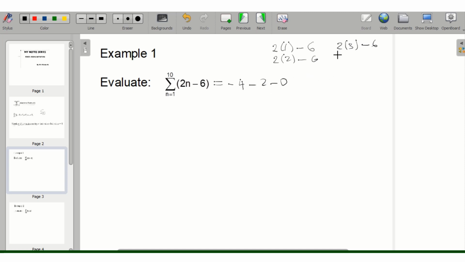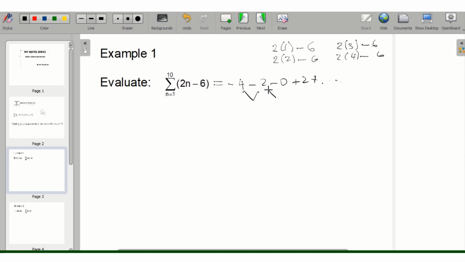And maybe you can do a fourth term, but you don't have to. So 2 times 4 is 8. 8 minus 6 is plus 2. And this series goes on up until the last term. So you can do the last term or you don't. It doesn't really matter that much.